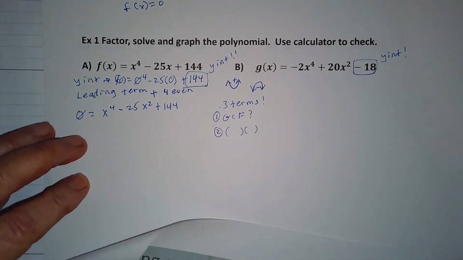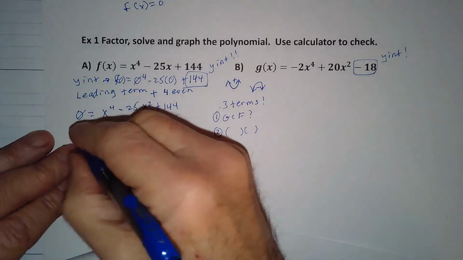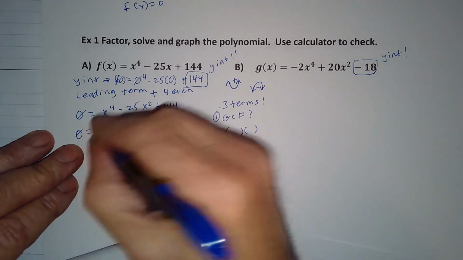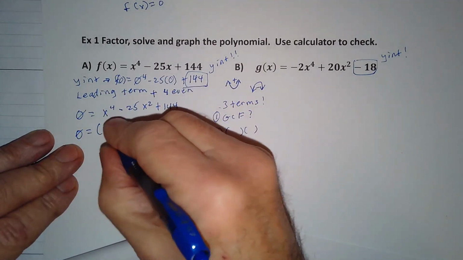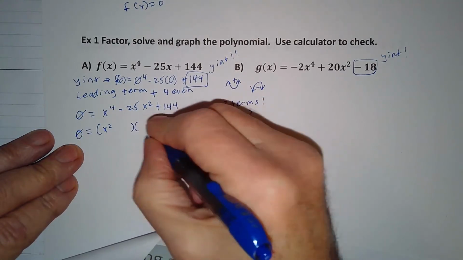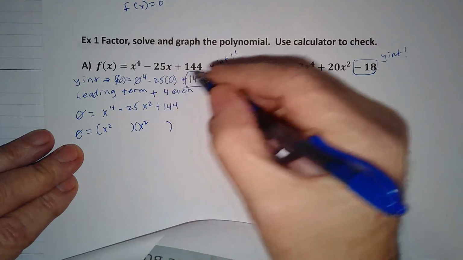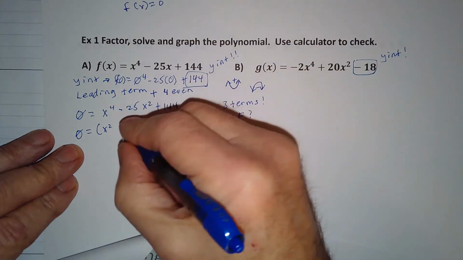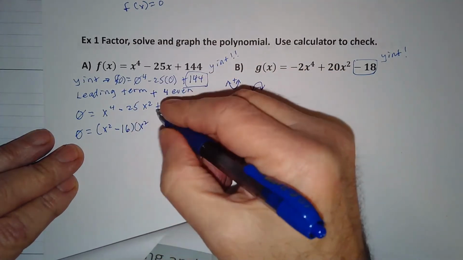So we're going to write this out as 0 equals x squared minus 16 and minus 9.